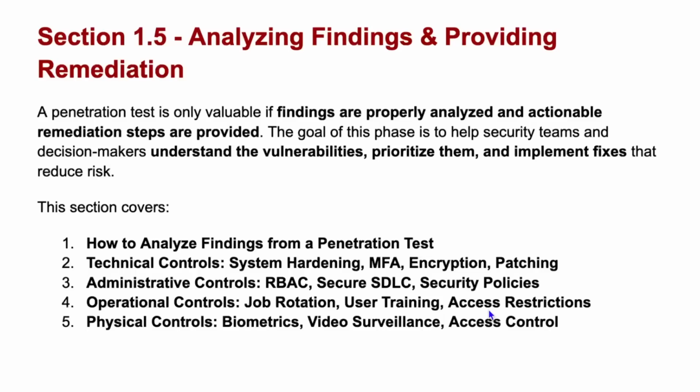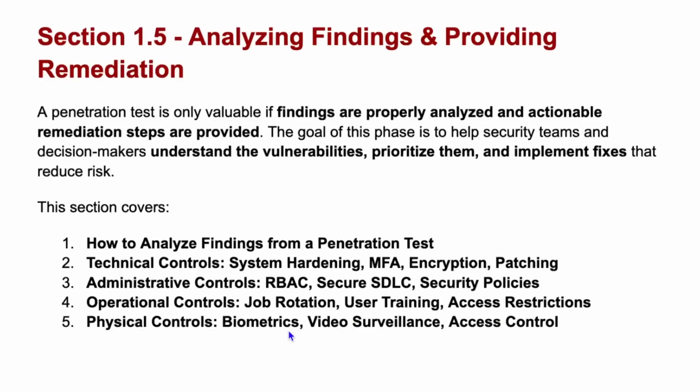Therefore, they can essentially do things that they shouldn't be able to do as that specific user. So restricting access to the zero trust or to the concept of least privilege, so they don't get anything that they don't need for their job. They only have access to things that they actually need.